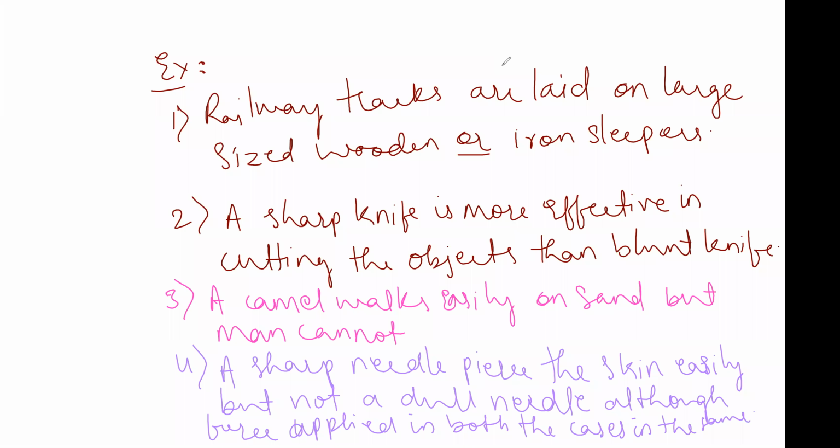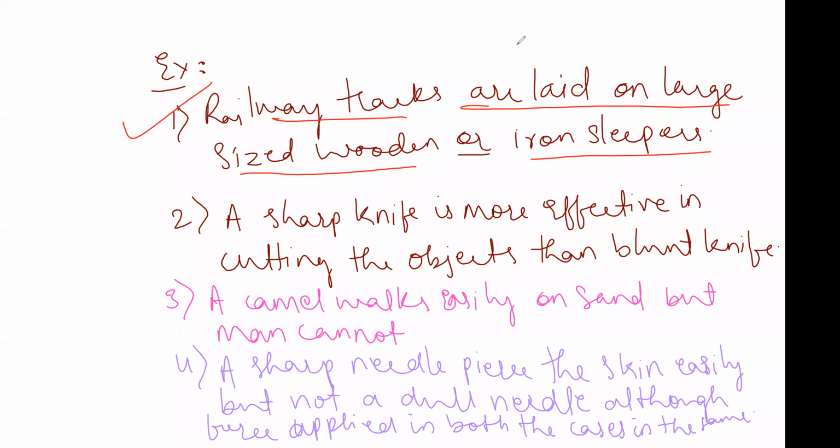Look here, what does the first example say? The first example says railway tracks are laid on large sized wooden or iron sleepers. You have seen railway tracks. This is because the weight of the train is spread over a large area of the sleeper.